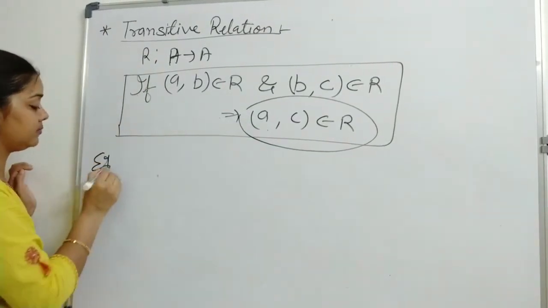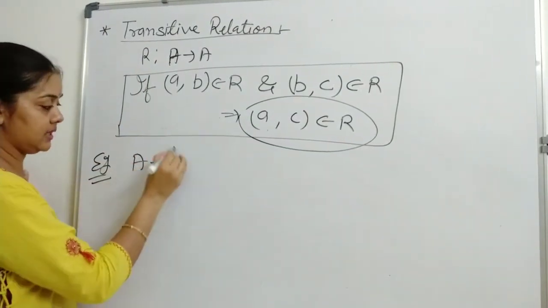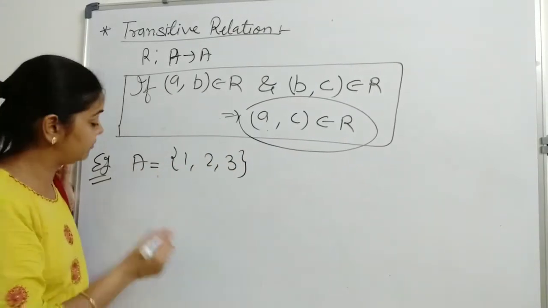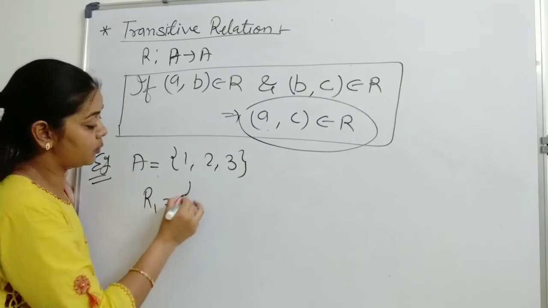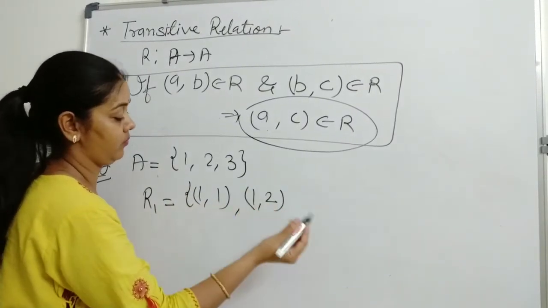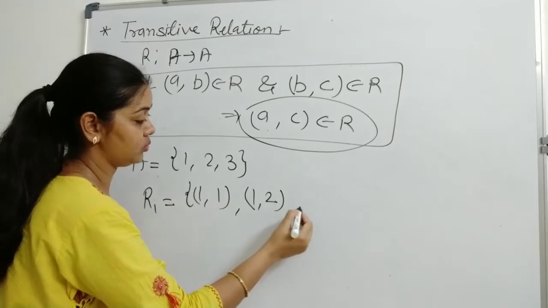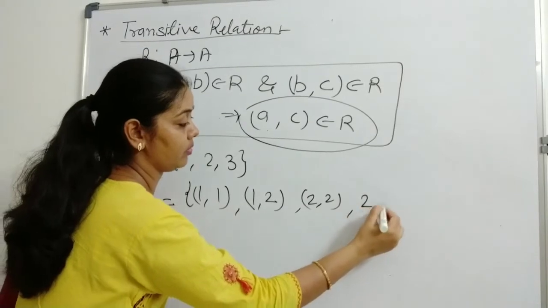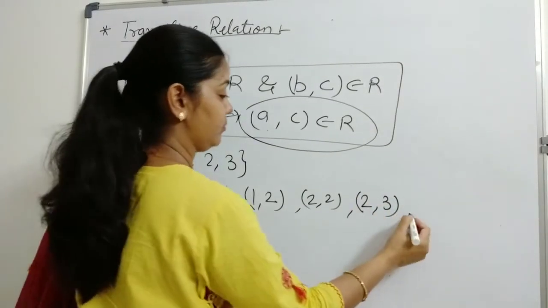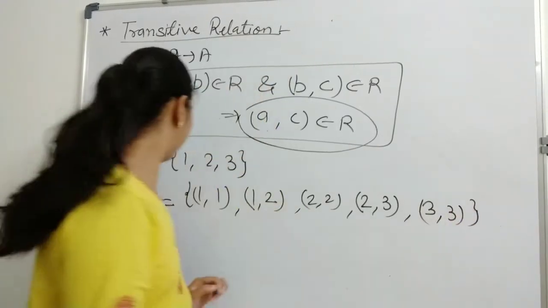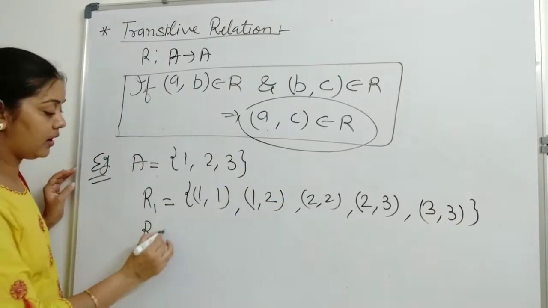For example, suppose I am giving a set A having elements 1 to 3. R1 is supposed like this. R2 is like this.